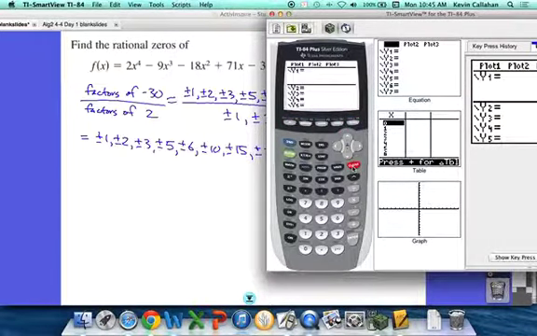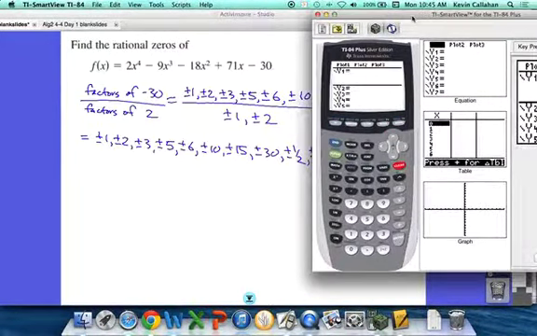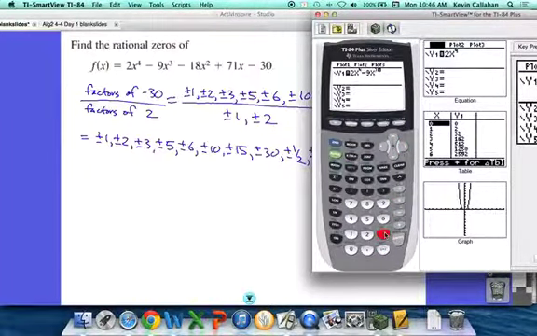Clear. 2x to the 4th minus 9x to the 3rd minus 18x squared plus 71x minus 30.